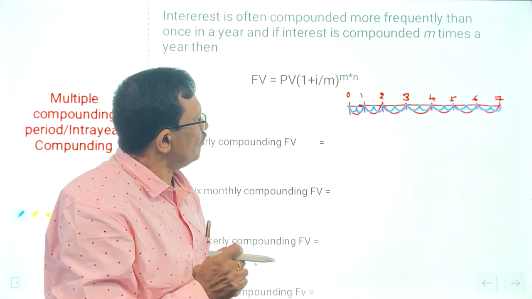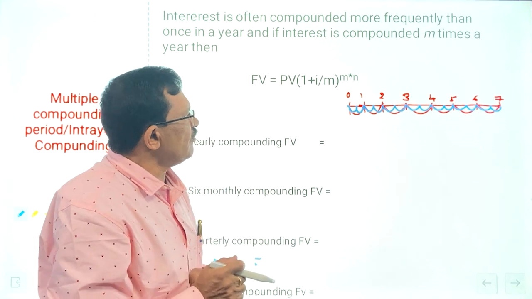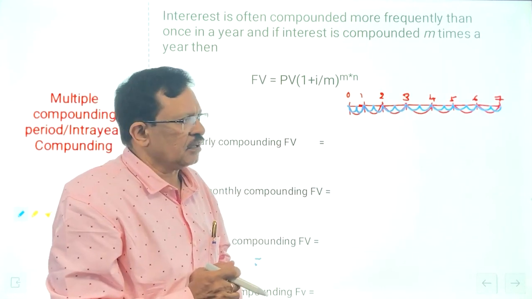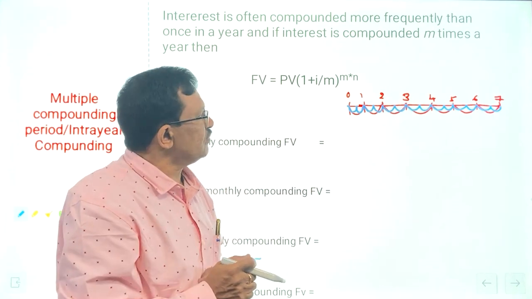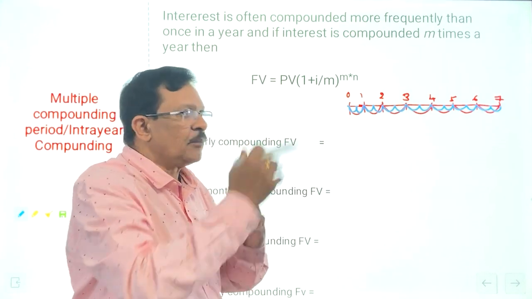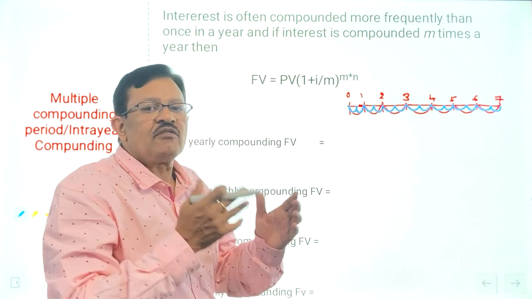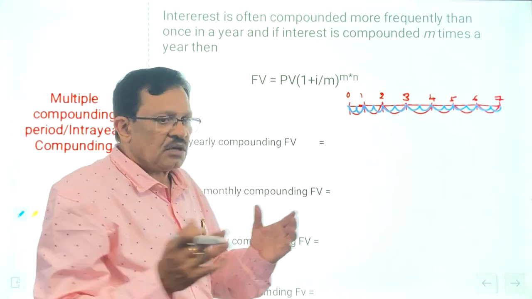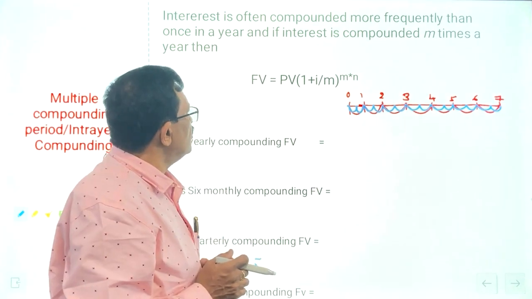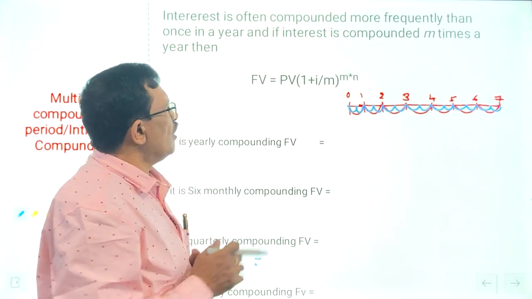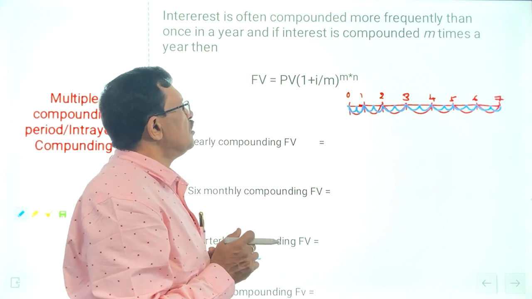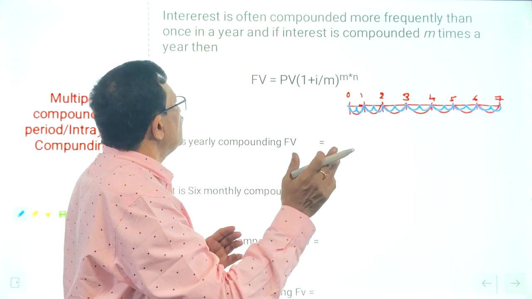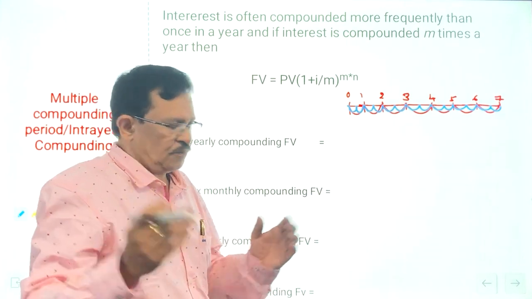If you wanted to find out the future value of money deposited in a bank for 30 long years, compounded on half-yearly basis, it becomes very, very cumbersome to use ordinary calculators or the existing formula. So for this, we have another formula through which we will be computing the multiple compounding periods future value.